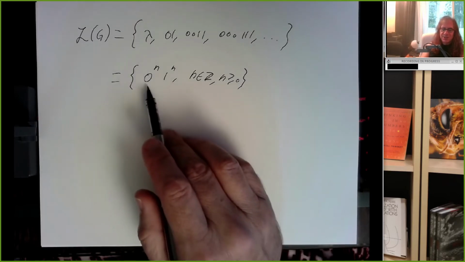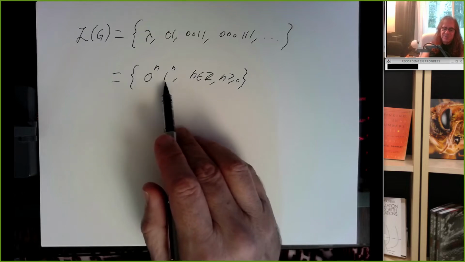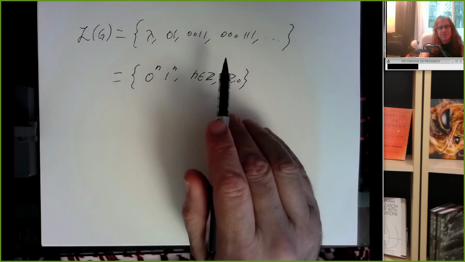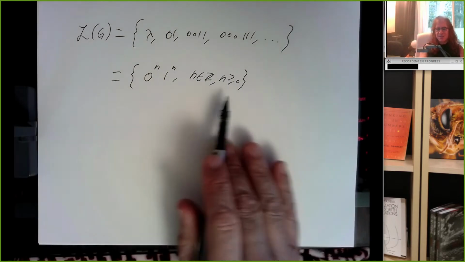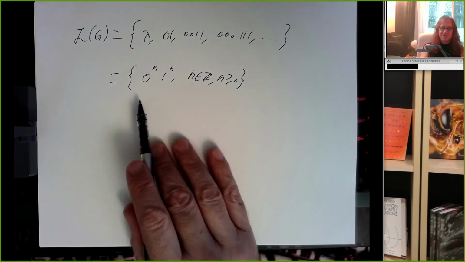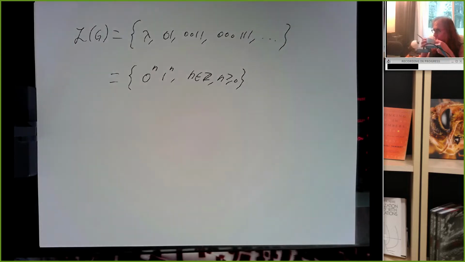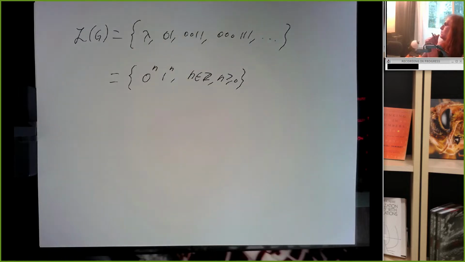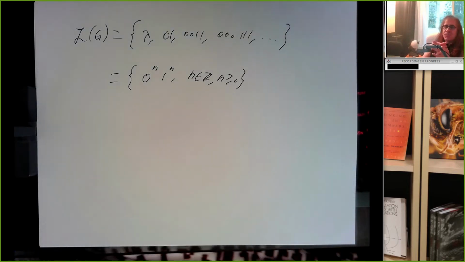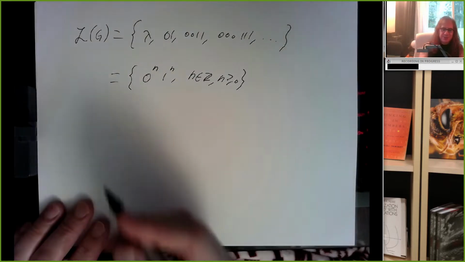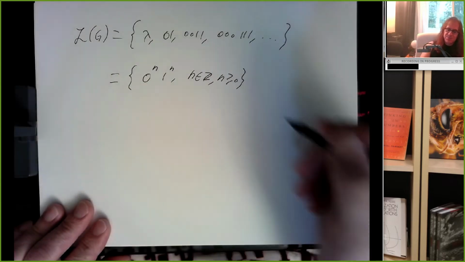If n is 3, this is 000 followed by 111, that's this string. So this is a little bit more of a formal way of writing this without the dot, dot, dot on the end. And so we want to make a phrase structure grammar whose language is this.